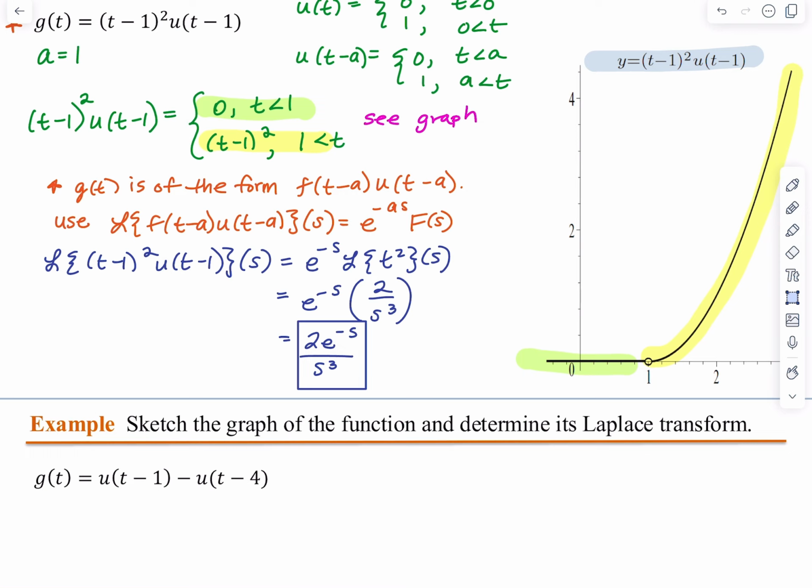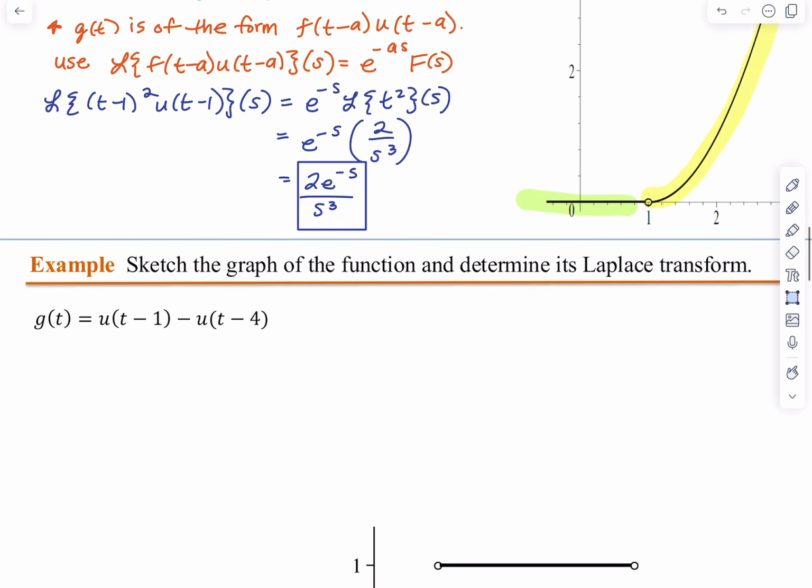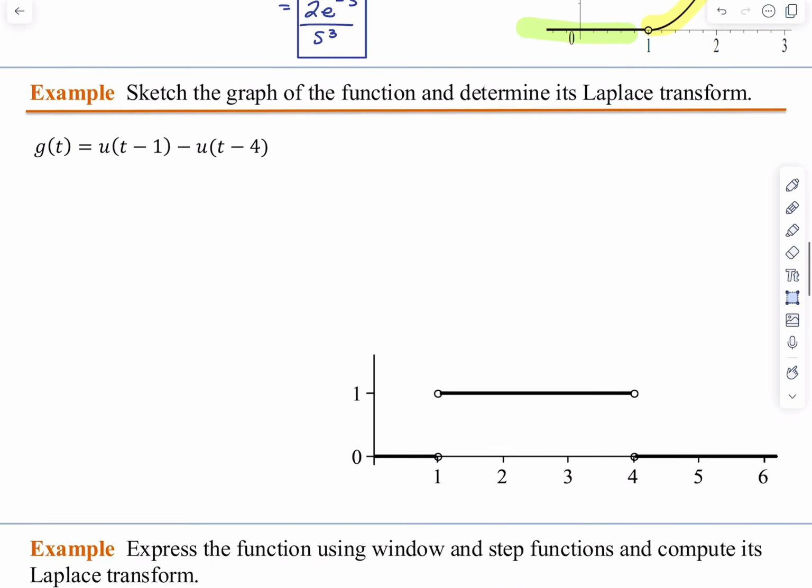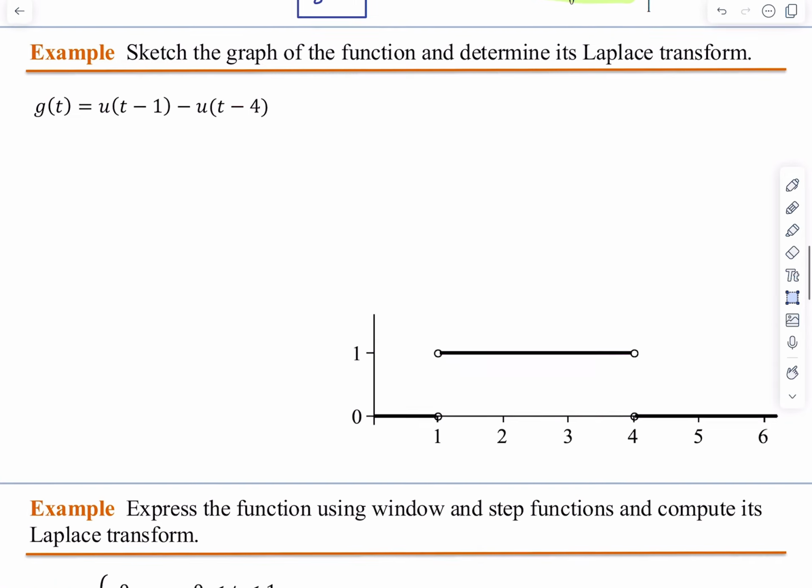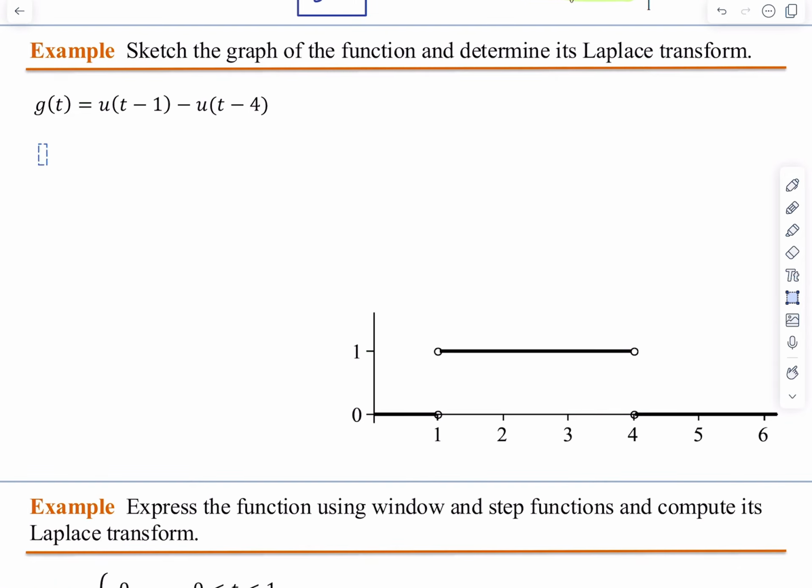We can apply the linearity of the Laplace transform and go ahead and write this as the Laplace transform of u of t minus 1, of s, minus the Laplace transform of u of t minus 4, of s.